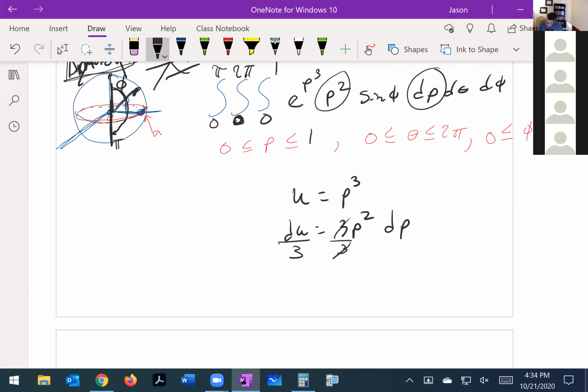It really doesn't matter, because what's 0 cubed? 0. What's 1 cubed? 1. So this is e to the u, p squared dp, that's going to be du, sine of phi d theta d phi, from 0 to 2 pi, and then from 0 to pi.